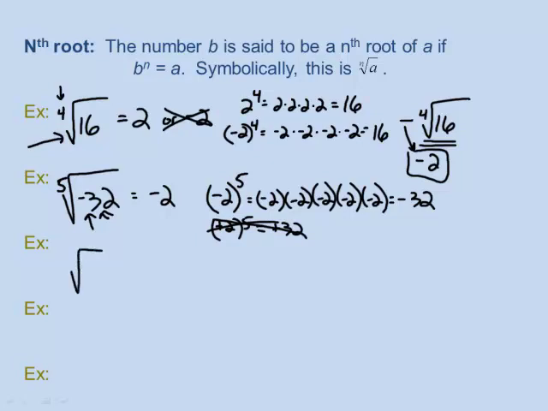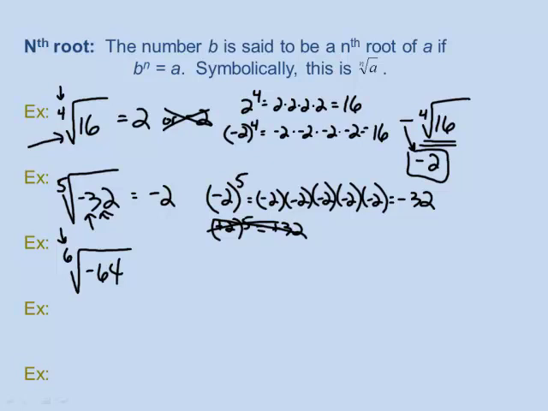Okay, so let's look at this, the 6th root of negative 64. Is there a number that when multiplied by itself 6 times gives you a negative 64? And the answer to that is no, there isn't. Okay? Because when you have an even root or an even index, that means if you're talking about positive values, a bunch of positive values will always give you a positive number.